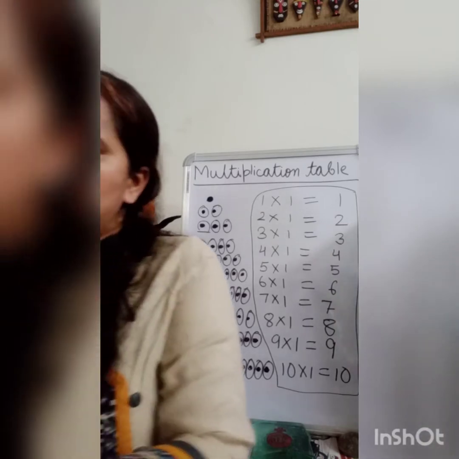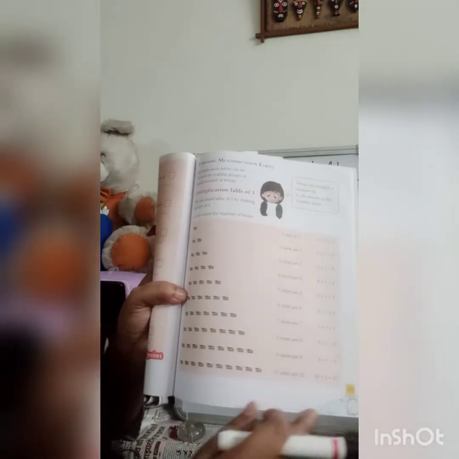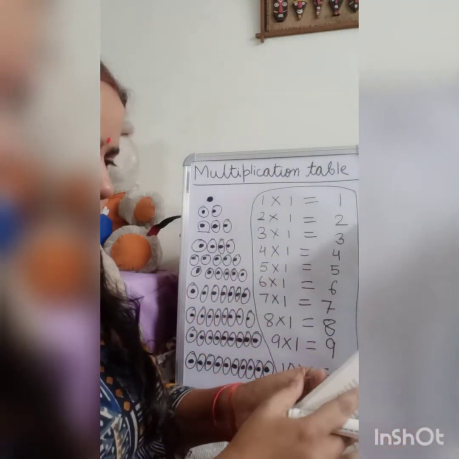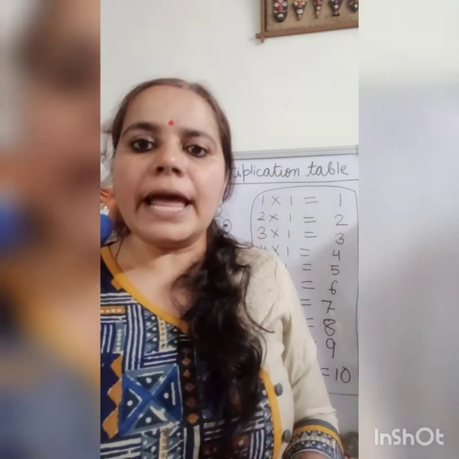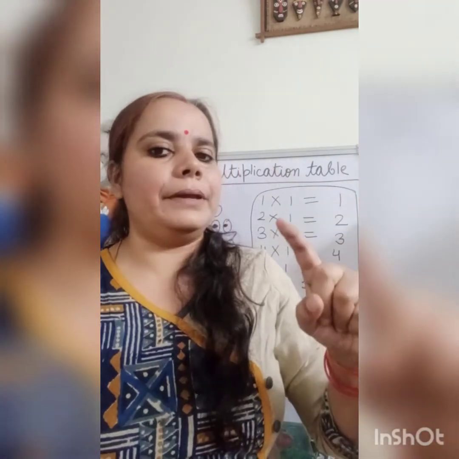See, you can see in your book also, page number 101. The multiplication table of 1 is given, and on page number 102 the multiplication table of 2 is given. Ma'am is going to write the multiplication tables of all these numbers on the blackboard, and you all are going to copy them down in your copy.